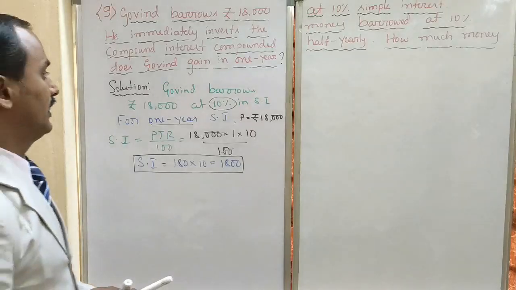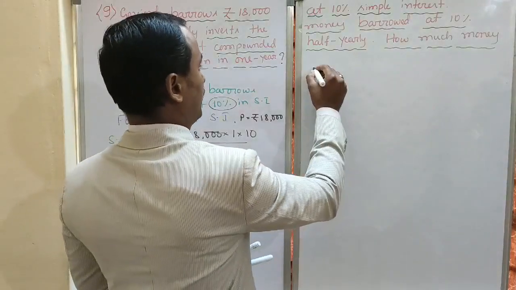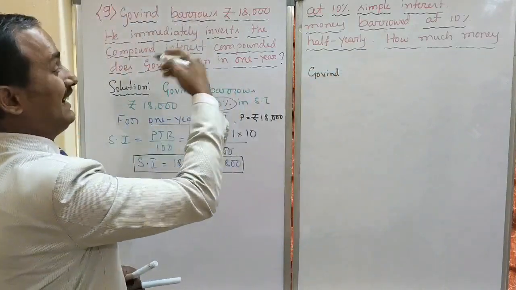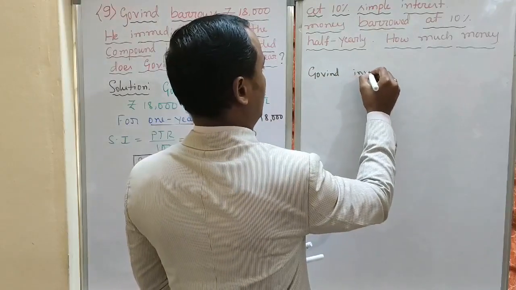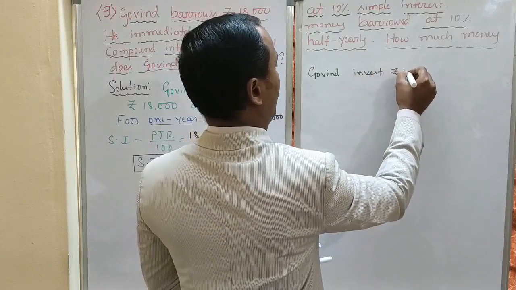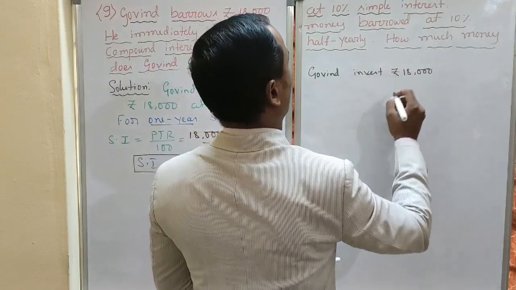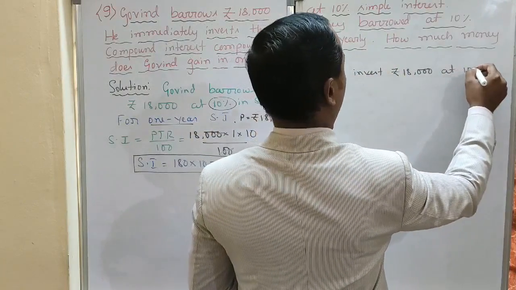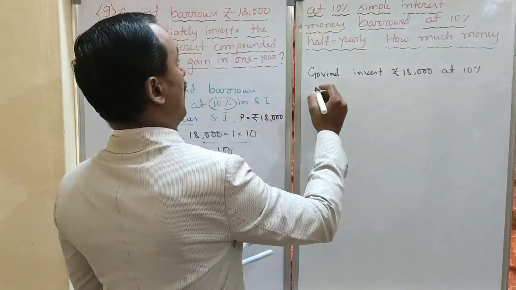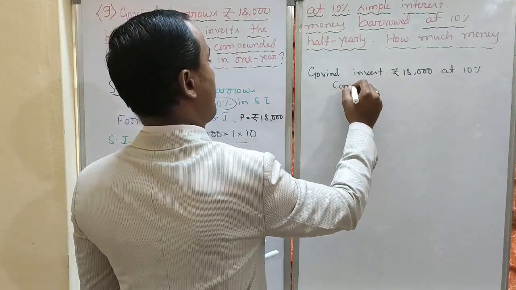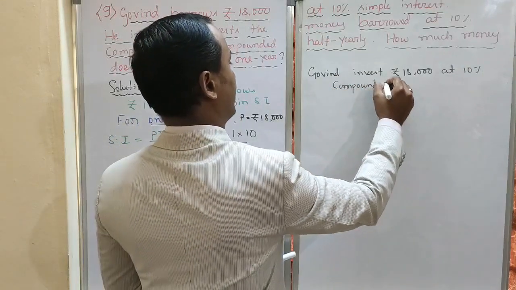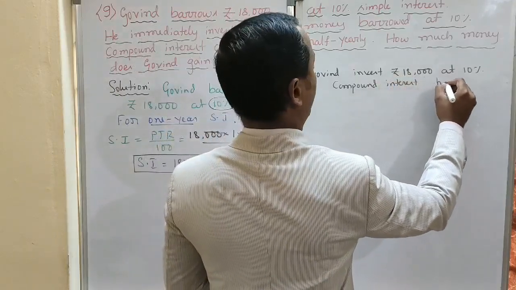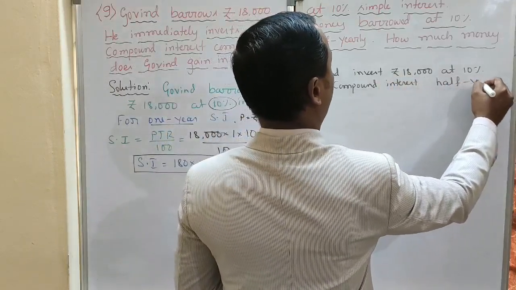Okay. Now, second step. Govind immediately invests rupees 18,000 at 10% compound interest half yearly, dear children.